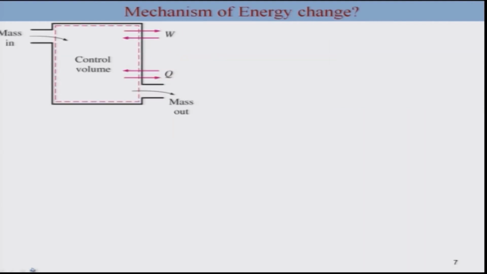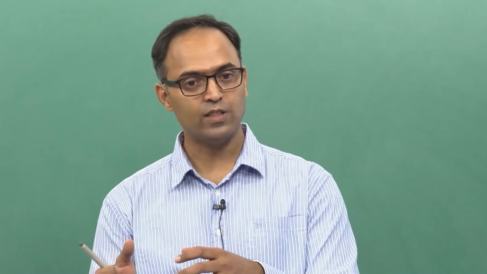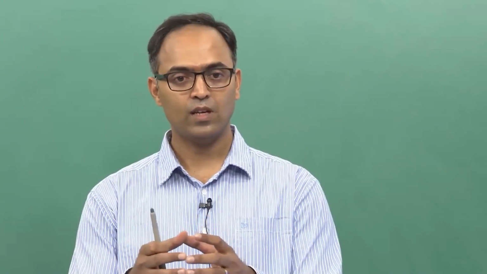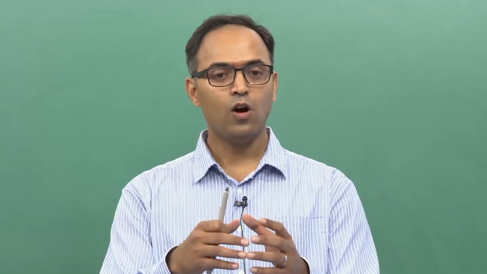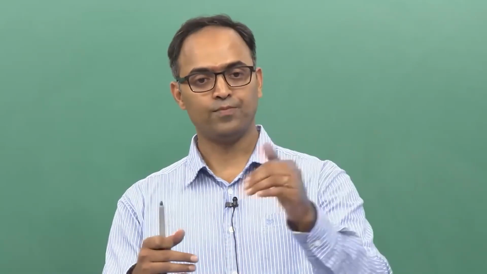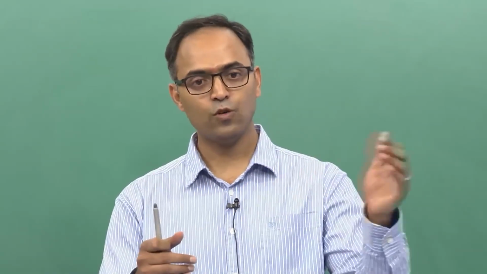Now how do you achieve these changes? We talked about the change of the system, but how do you achieve it? There are three ways to change the energy of the system. Either you provide heat, or you take heat out of the system, or you do work on the system, or you make use of the flow, mass in and mass out.